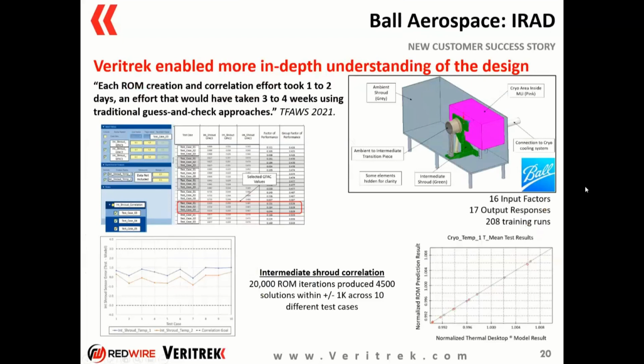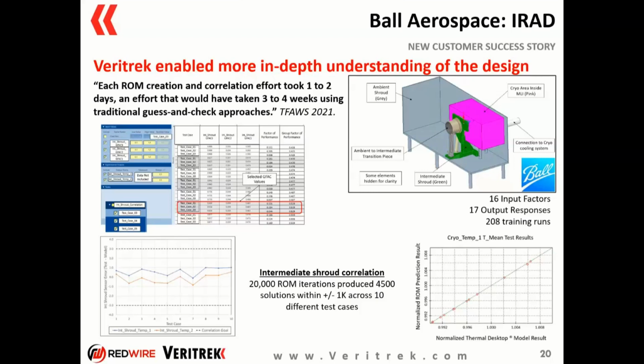All right, here's an example of some of the thermal model correlation work that we did. This is with Ball Aerospace. They had a cryogenic instrument and they wanted to do some thermal model correlation. They broke that cryo instrument down into 3 separate thermal models, and then they used Veritrek to correlate those 3 thermal models. For each of those thermal models, they used 20,000 ROM iterations that produced a collection of solutions, roughly 4,000 to 5,000 solutions that met the plus or minus 1K requirement across 10 different test cases.